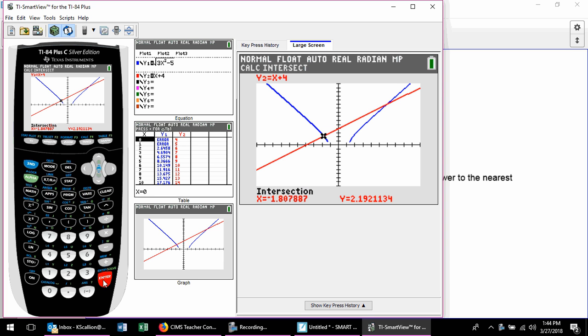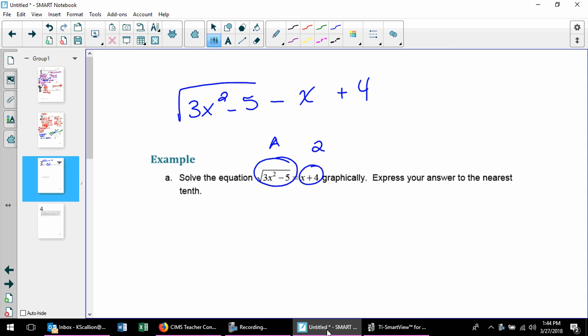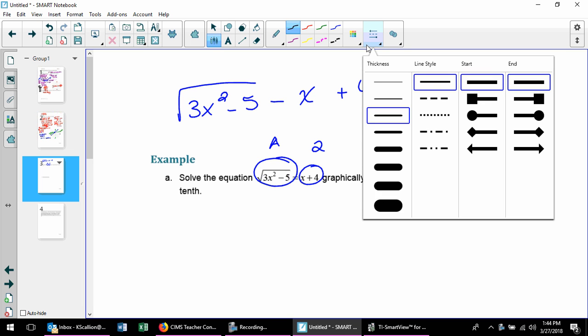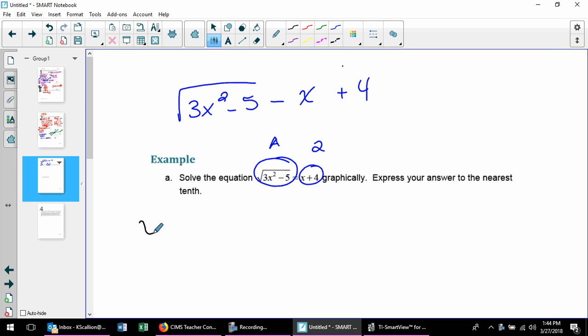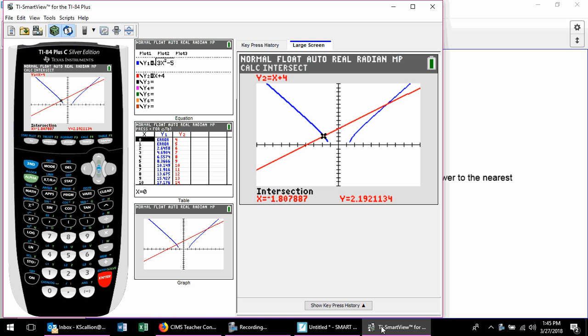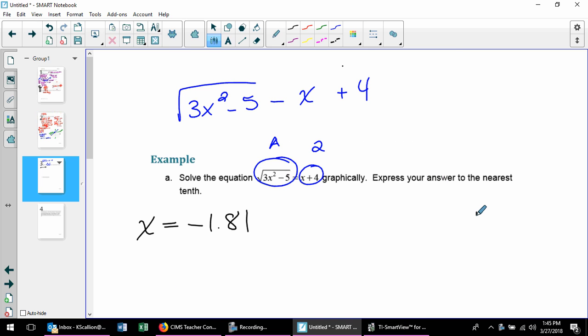What's the most important part of this? Is it the x or is it the y? The x. So my first x value was at negative 1.8. What's my second x value at? 5.81. Positive. Makes sense. So those are my two solutions.